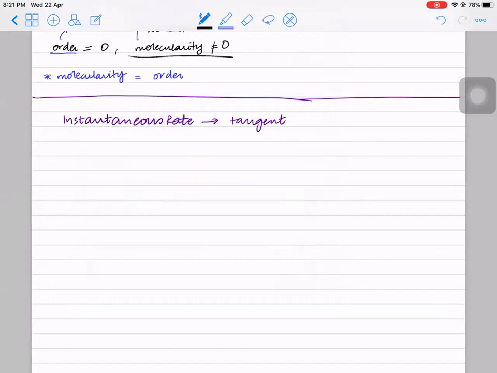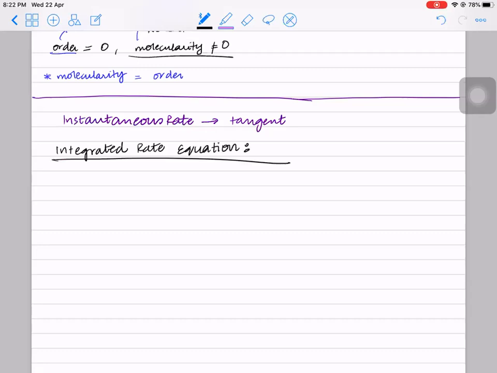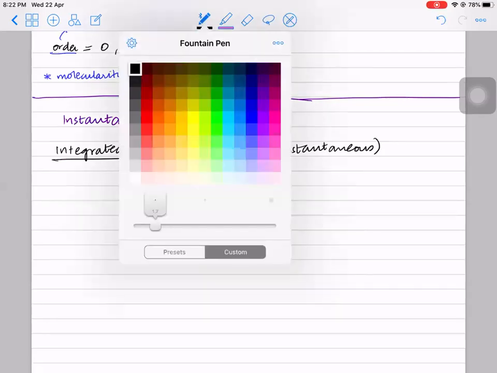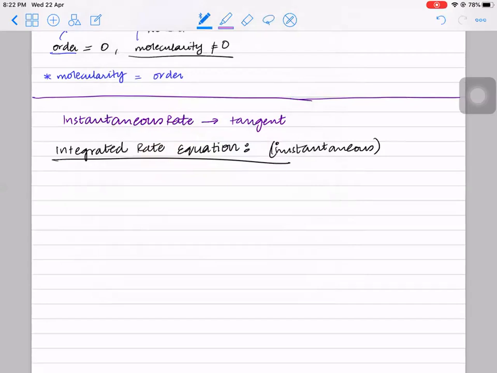Now, sometimes this becomes too cumbersome and very difficult to calculate. So what you can do is use an integrated rate equation, which can help you figure out the instantaneous rate without making a tangent, right? This integrated rate equation basically comes from the differential rate equation.